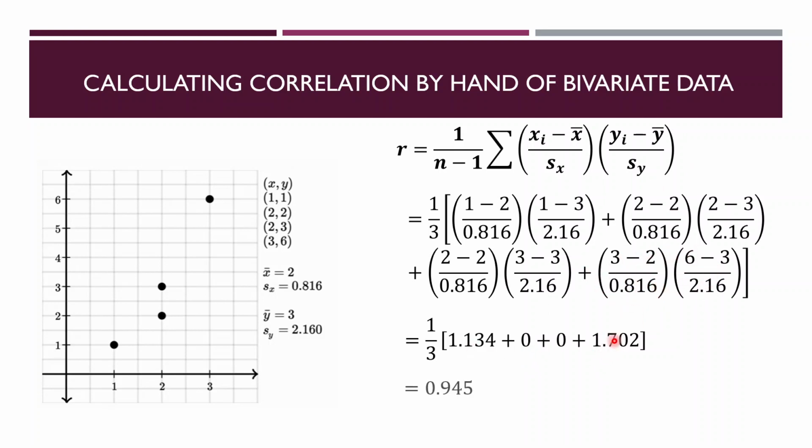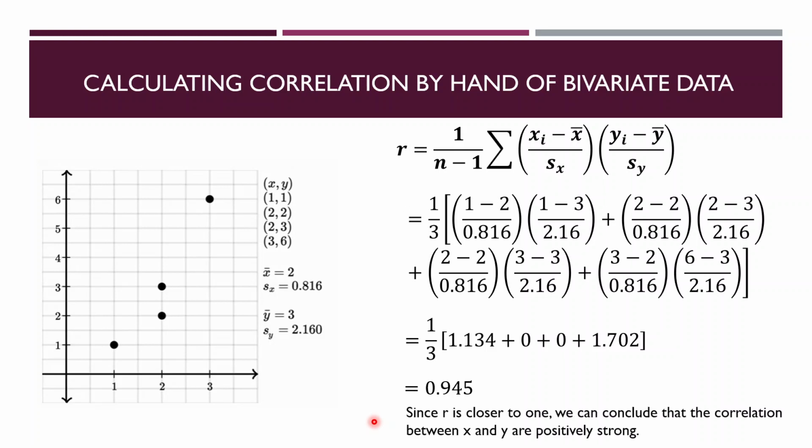You add them up and multiply by 1 over 3, and I got my R, which is 0.945. As you can see, R is very close to 1, which means it is a strong positive correlation. So with only calculations, we can find out if it's weak or strong without drawing or plotting any graph. Okay, that's it for this calculation.